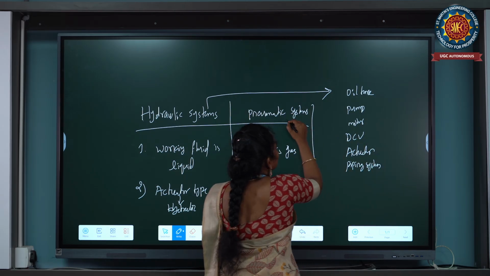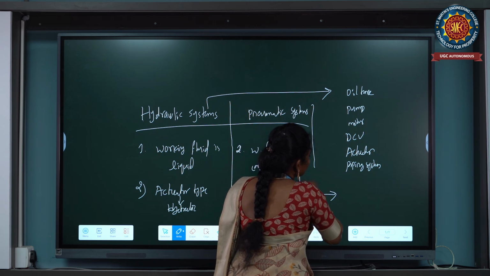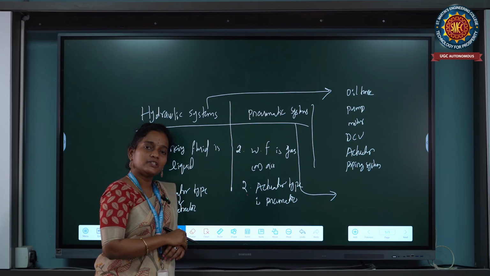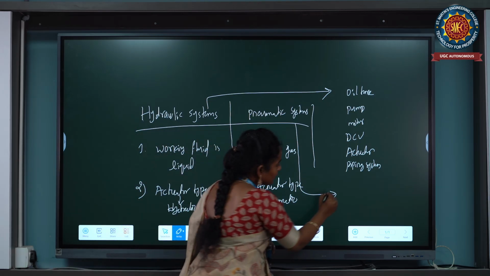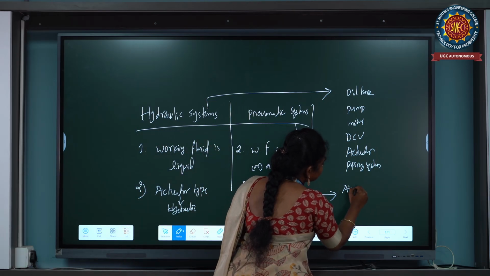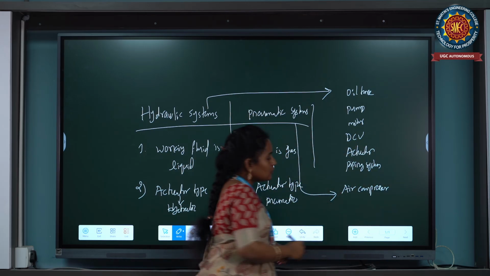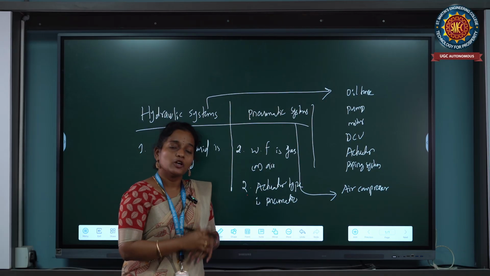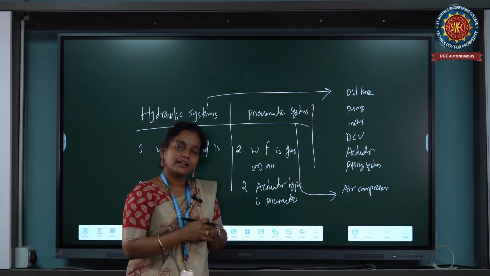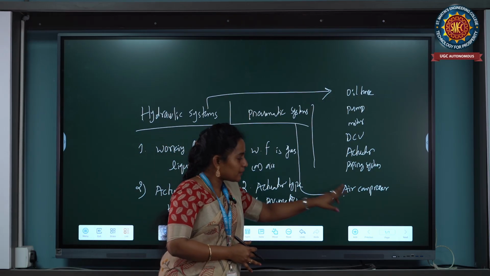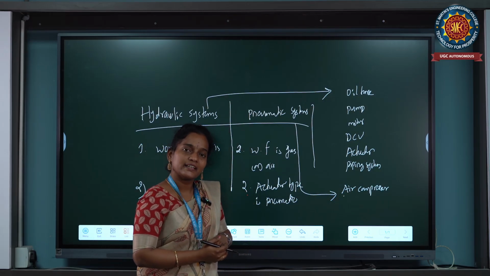But in the pneumatic system we are generally using first the air compressor. What is the use of the air compressor? To compress the air, so the pressure of the air will increase. So the main component of the pneumatic system is the air compressor.